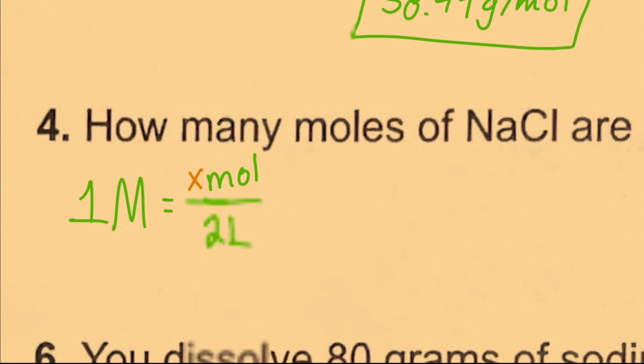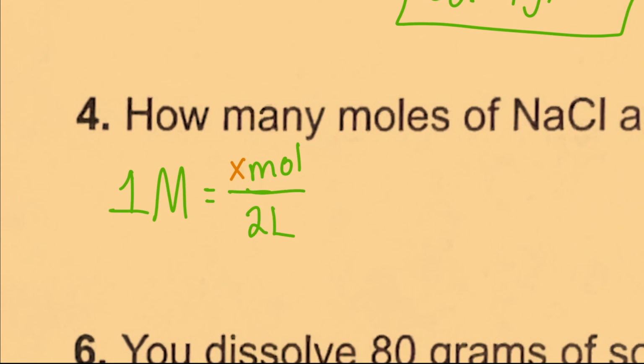But if you are having trouble seeing that, then you can also do it this way. You can multiply both sides by 2 liters, right? Because remember, we want to get x by itself, and right now x is not by itself. It's being divided by 2. If I want to undo that division, I have to do the opposite of division, which is multiplication in this case.